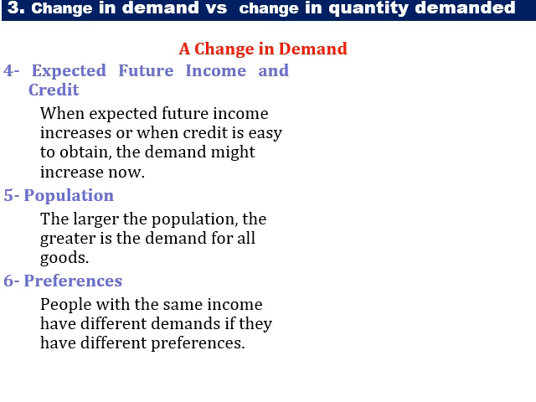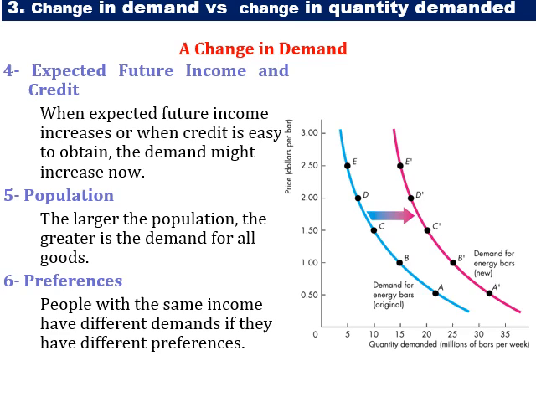So we may have equal incomes, but because I prefer something, I will buy more than you. So, as I said, when we have an increase in the demand, the demand curve will shift to the right, or if we have a decrease, the demand curve will shift to the left.